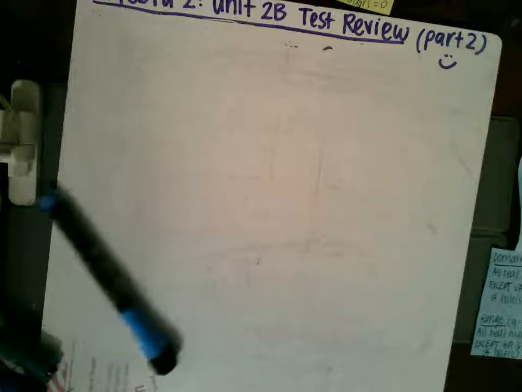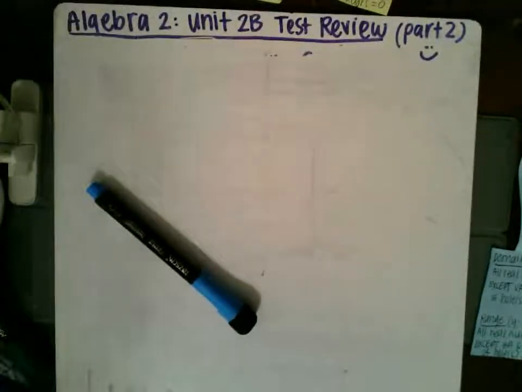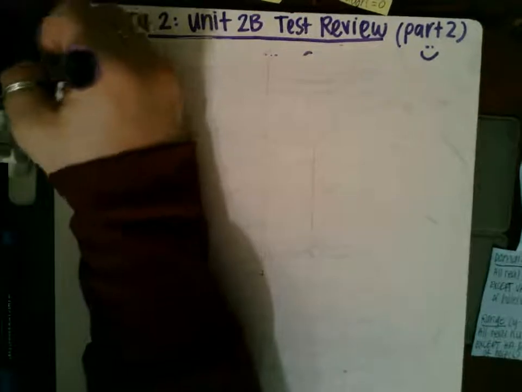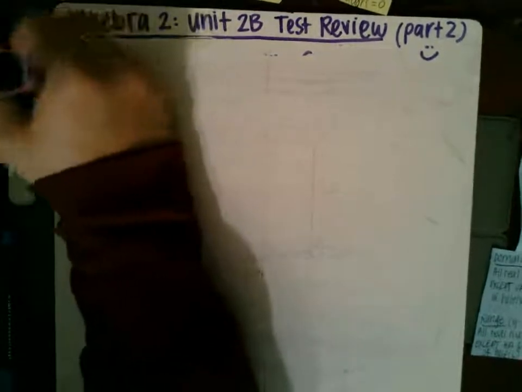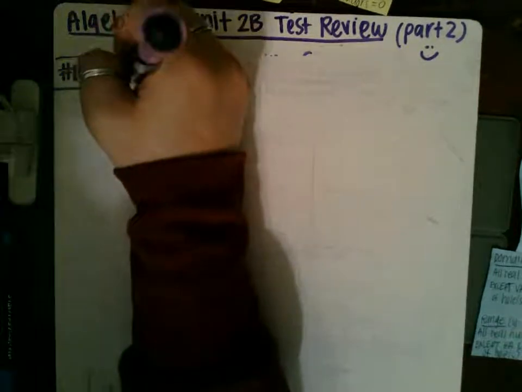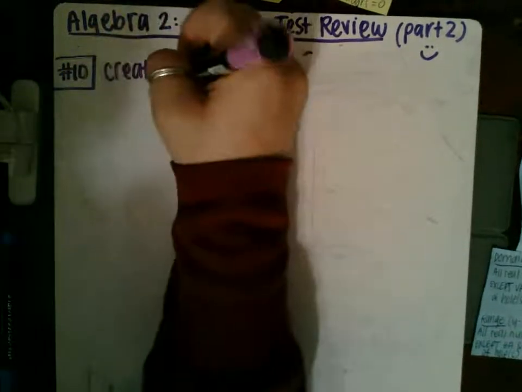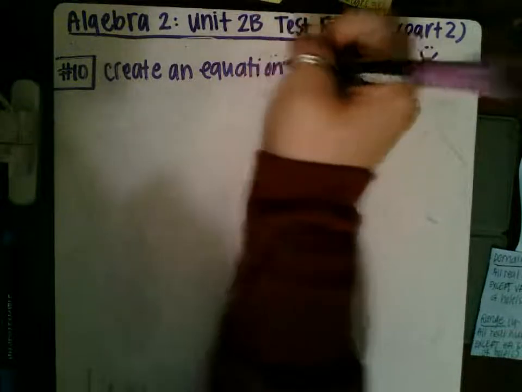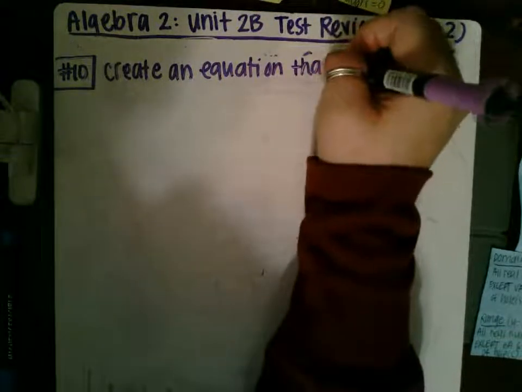Question 10 says the following. Oops, let me get my life organized here. Question 10. Ooh, this one's kind of tricky. So, this is a great question. Question number 10. This is really an extension of our knowledge, you guys. It says to create an equation that satisfies the following.